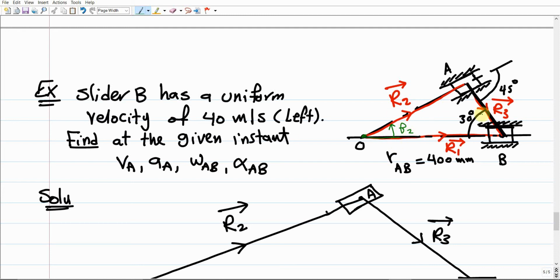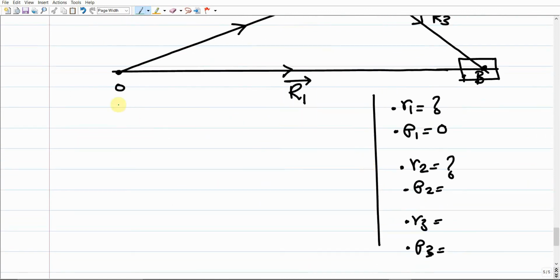So this angle can be calculated as the difference between 45 and 30. This gives us 15 degrees, because the sum of these 2 angles, theta 2 plus 30, should give us 45 degrees. It means that theta 2 should be 15 degrees.